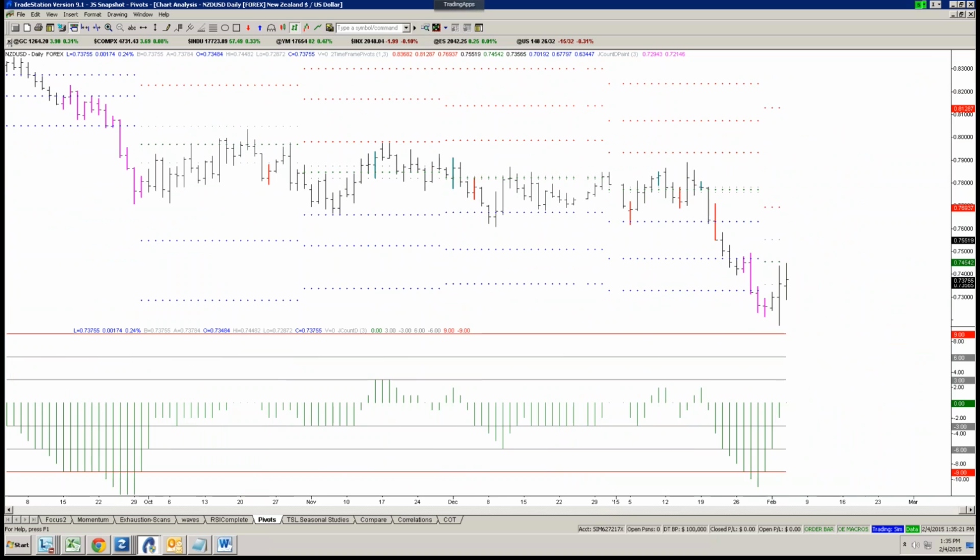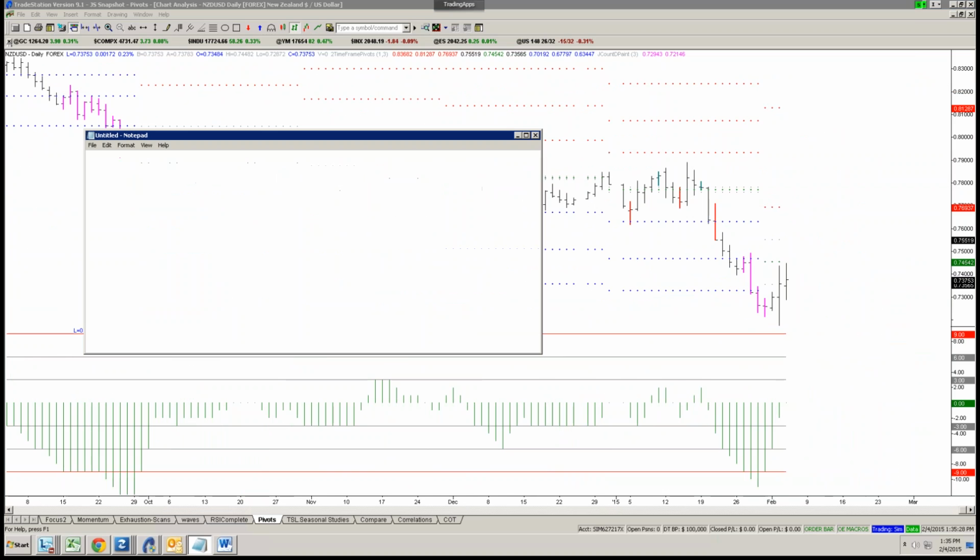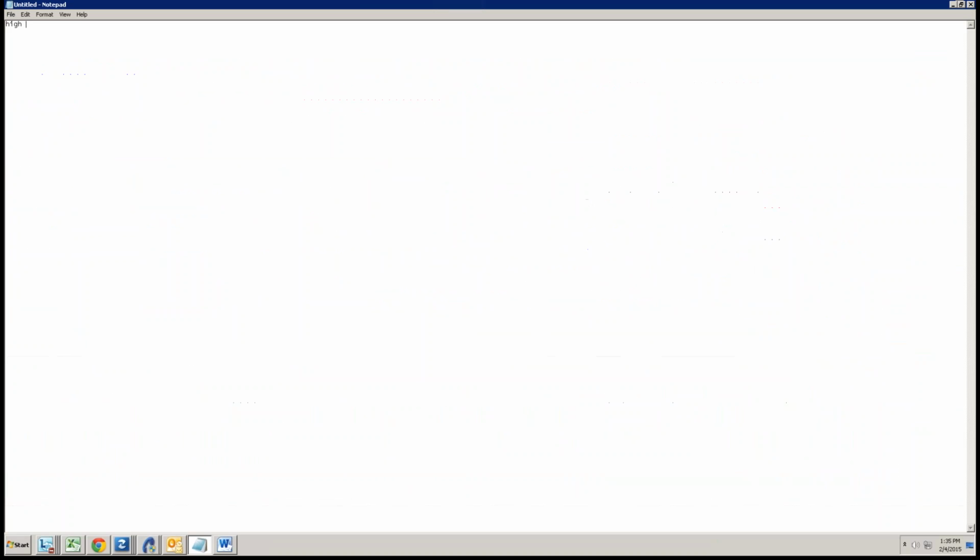So everyone, you know what, for traditional pivots, you get the high plus low plus close, right? Divided by 3. So that's just a pivot point, right?